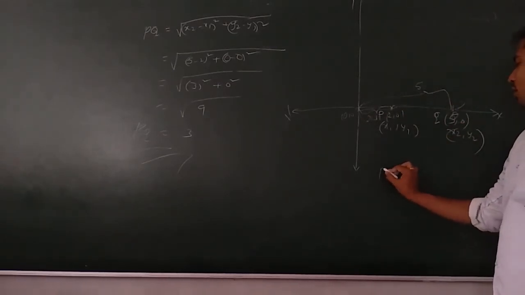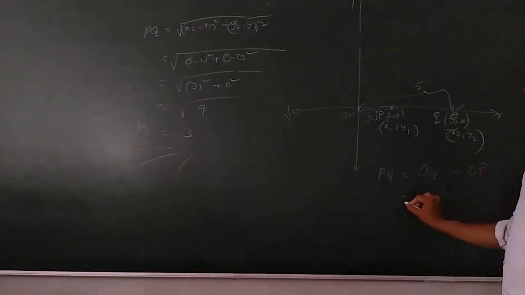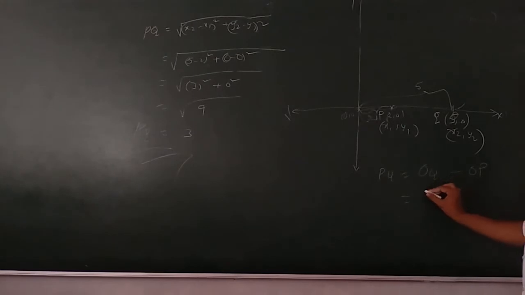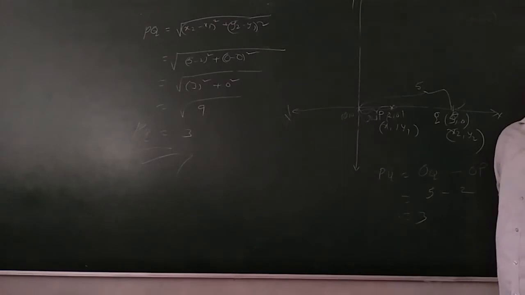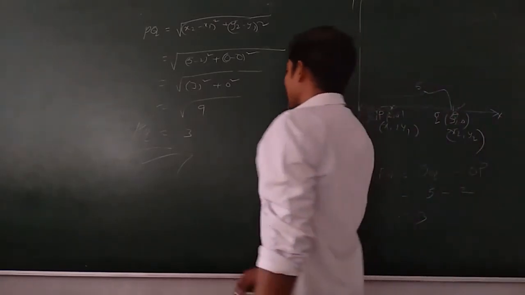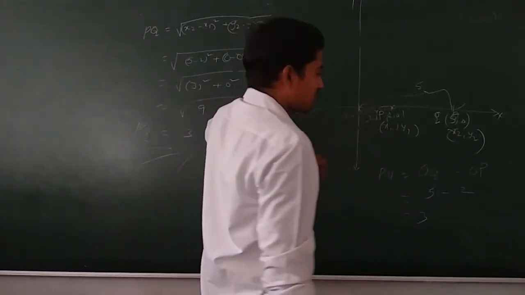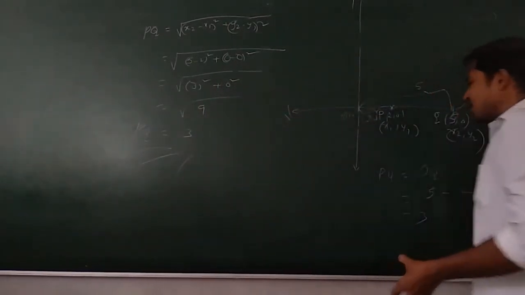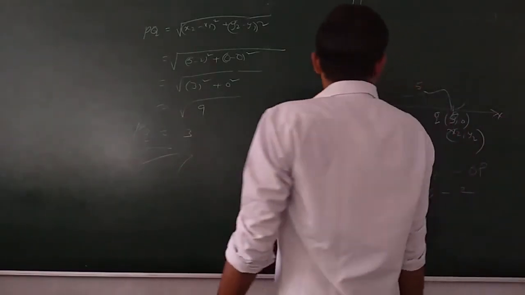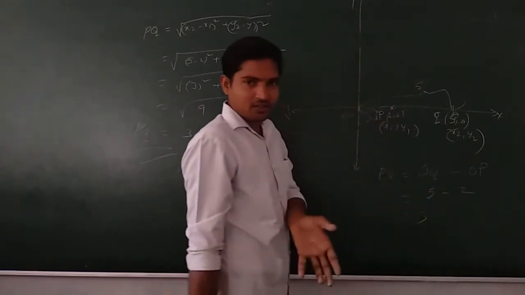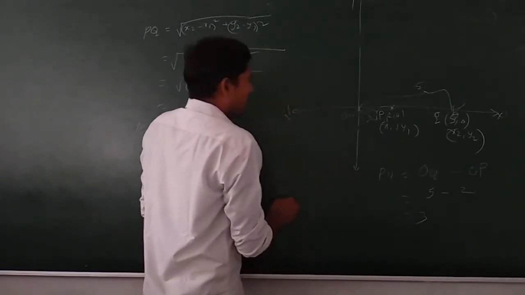So PQ is equal to OQ minus OP, which is equal to 5 minus 2, which is equal to 3. In both cases, we got the same answer. So any method you can use. That means when the points lie on the x-axis, the distance between them is the x coordinates difference.